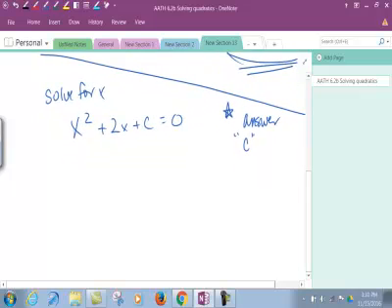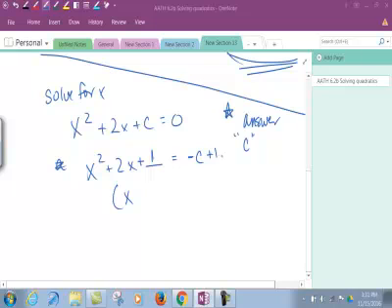We start like we always do, and that is to move the c to the other side. Again, this is the same as before. Completing the square on a middle term of 2x gives us 1, and we add the 1 on the other side. We get x plus 1 squared equals -c plus 1.